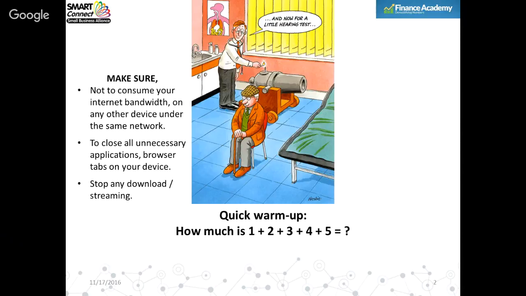And the answer is it 14 or 15 or 16? Let me give you a hint. It is an odd number. Yes, friends, the answer is 15. Just making sure that you're present and you are all set. Now let us keep the webinar rolling.